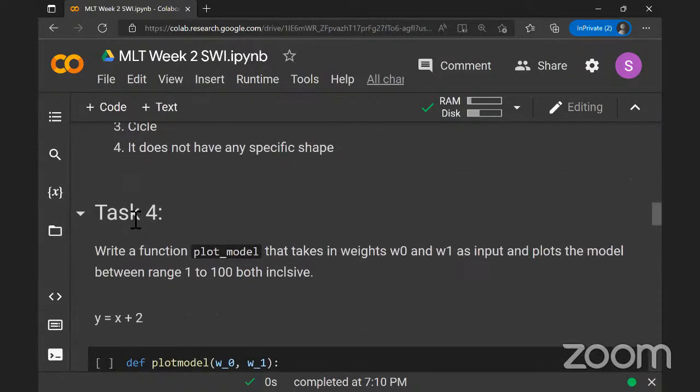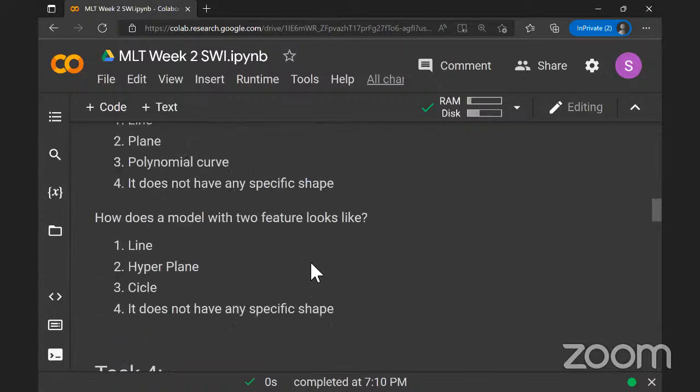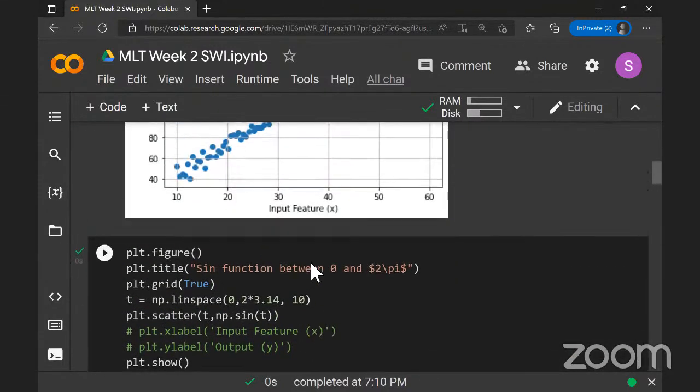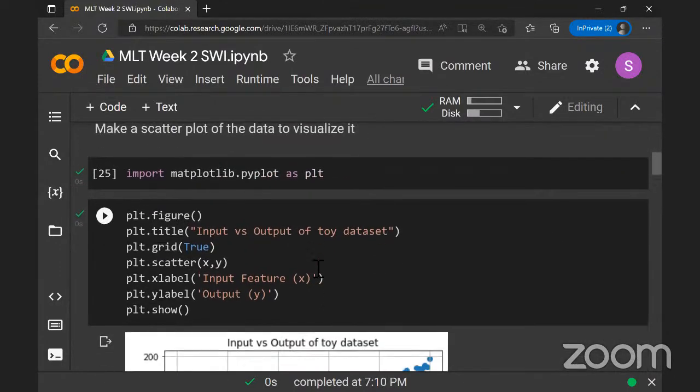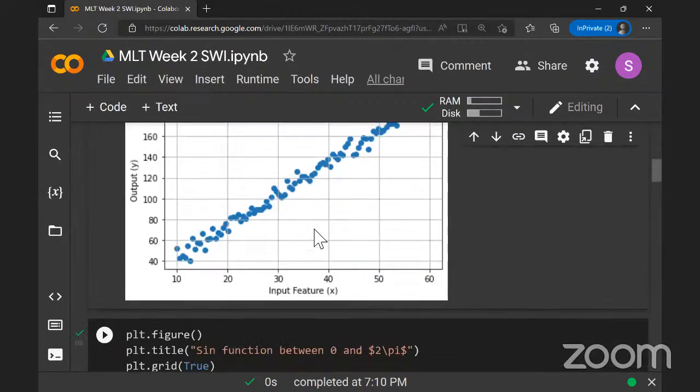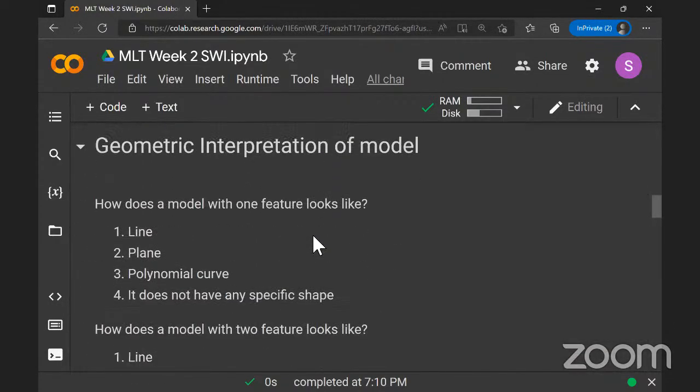Okay, task number 4. Write a function plot_model that takes in weights W0 and W1 as input and plots the model between range 1 to 100, both inclusive. I'll keep this code in your view to help you. How would you accomplish this one? So basically, what we want is this.